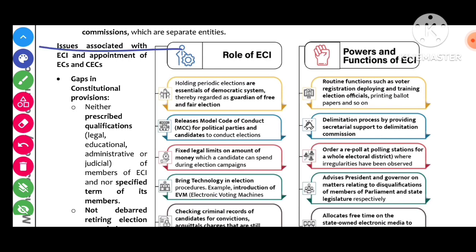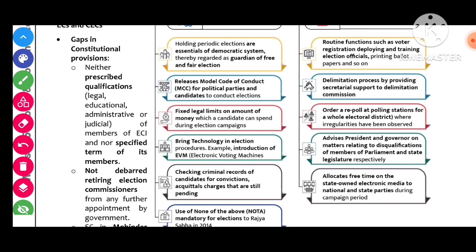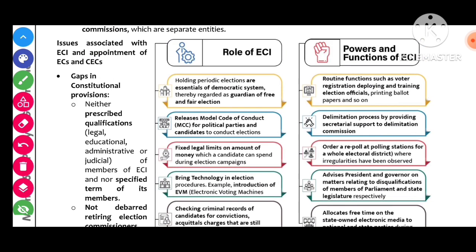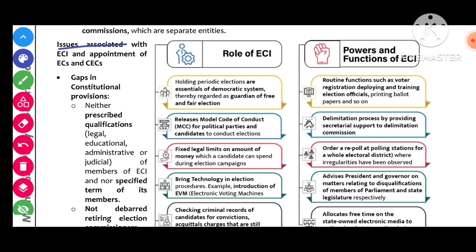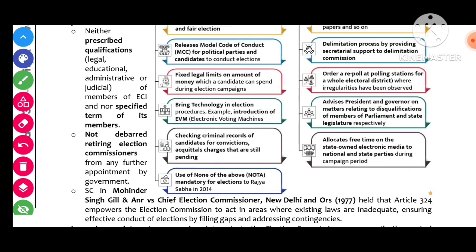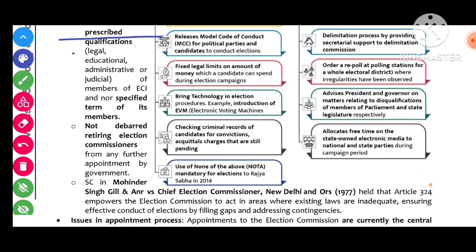Okay, and the issues associated with the Election Commission of India and the appointment of election commissioners and chief election commissioners. Here are the issues. What are the issues? Such as gaps in constitutional provisions, like lack of prescribed qualifications, a specified term of its members, and members not being debarred from posts after retiring as election commissioners.